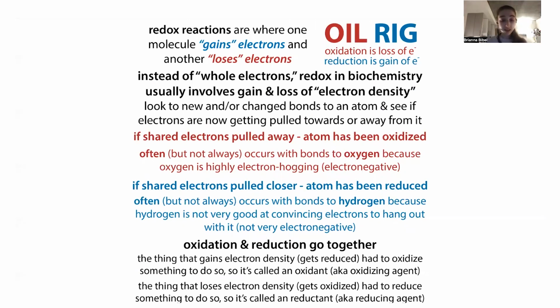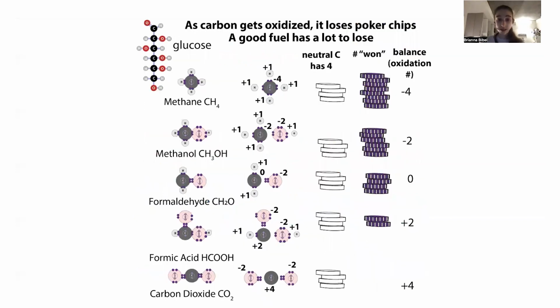So in the case of these reactions, if we're increasing the oxidation number of carbon, carbon is getting oxidized, so carbon is acting as a reducing agent or a reductant. Wherever that oxygen is coming from, it would be acting as an oxidant, and it would be getting reduced.